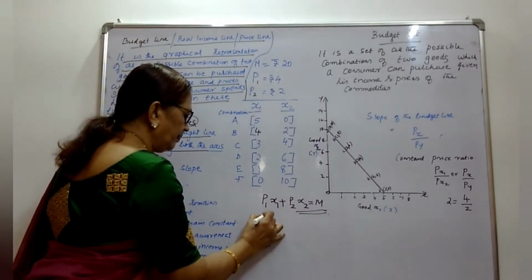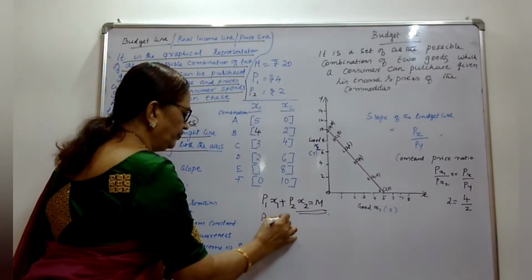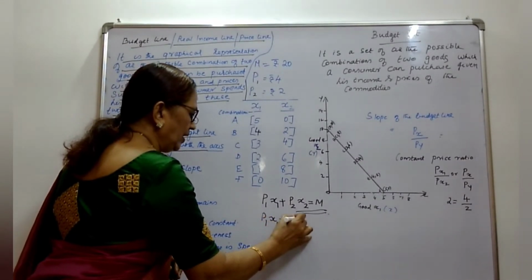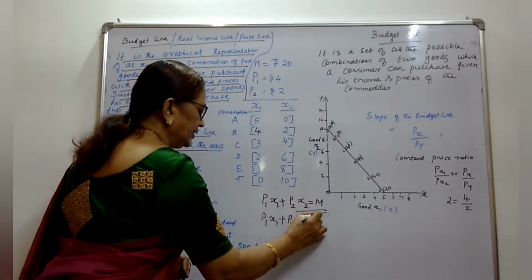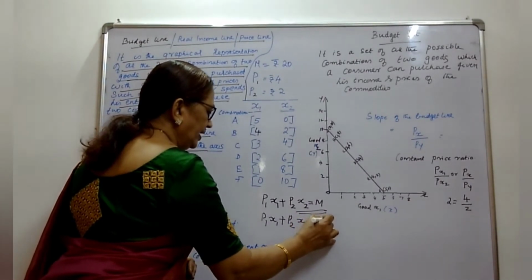Another one is P1 x1 plus P2 x2 is less than income.